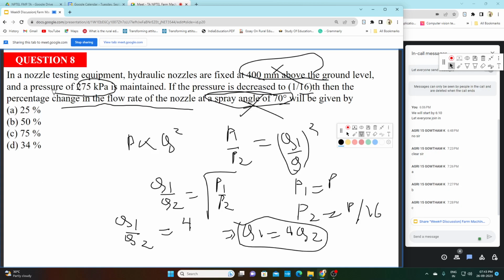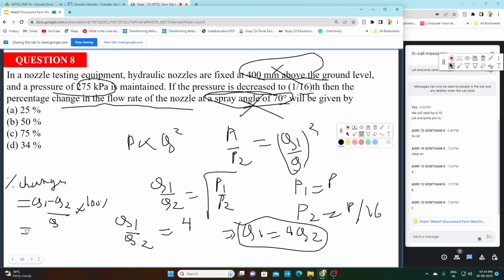Now it has been asked what is the percentage change in flow rate. Percentage change will be equal to Q1 minus Q2 divided by Q1 into 100%. This will be your answer.